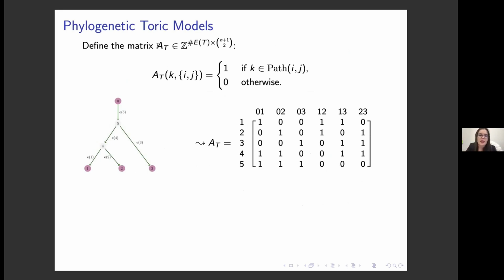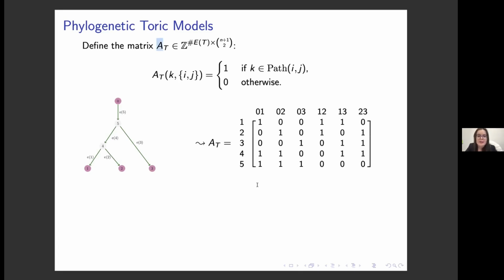The matrix A_T will have rows indexed by edges, so edge 1, edge 2, and so on, edge 5, and columns indexed by tuples of distinct leaves. The entry k,ij, so edge k and tuple ij, is 1 if k is in the path from i to j and 0 otherwise.